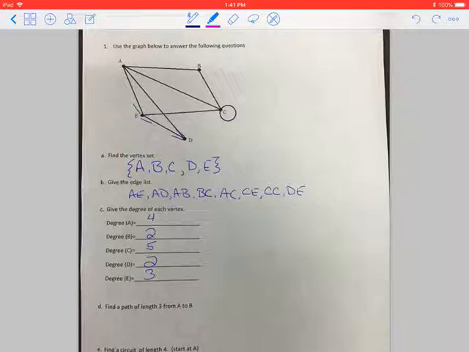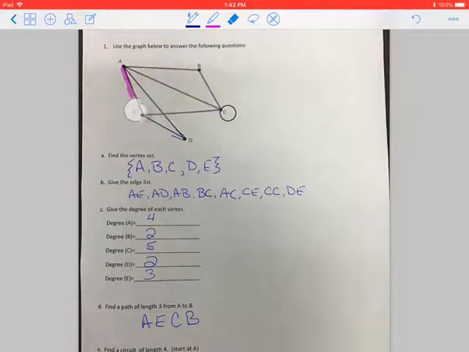All right, so let's see if I can find something with length 3. I could go A to E, and then to C, and back to B. So that would be 3 edges, and I would list that as A, E, C, B. Another possible answer would be, oops, I keep deleting the wrong thing.